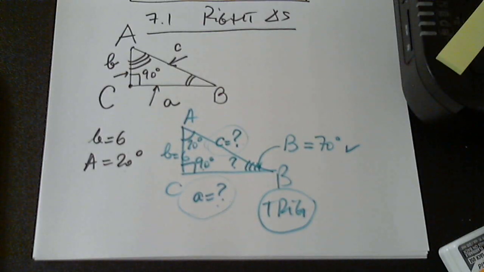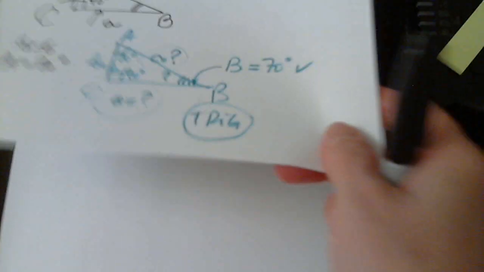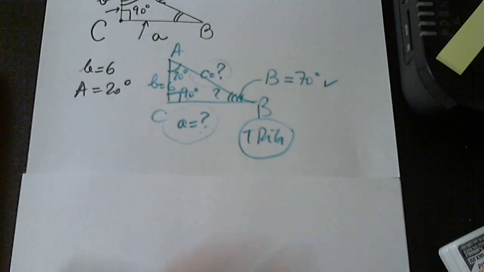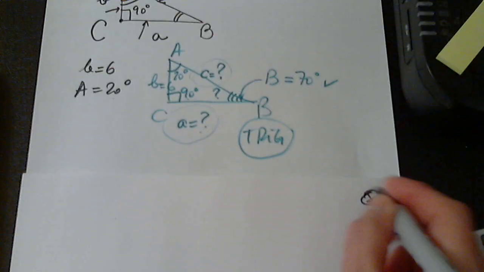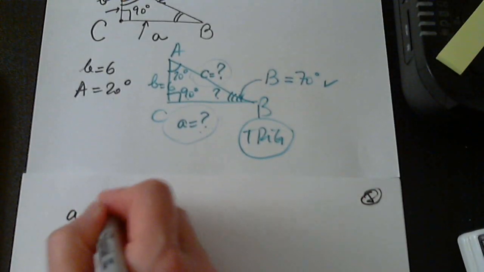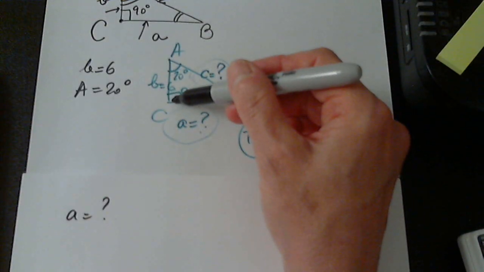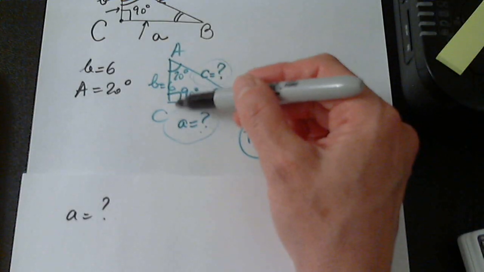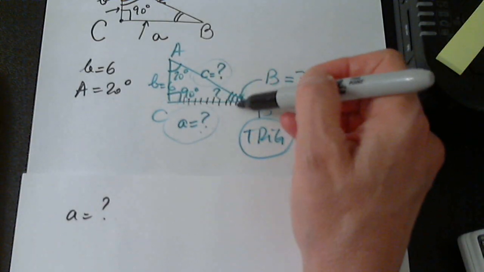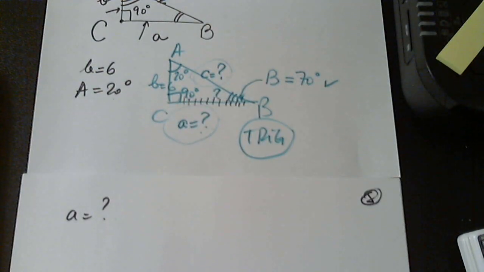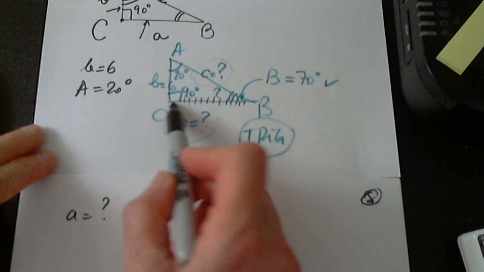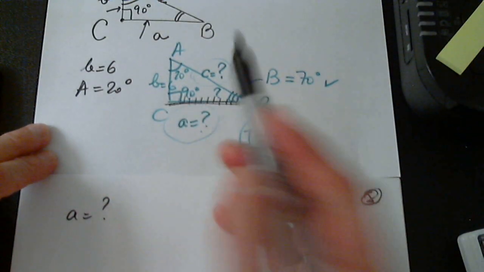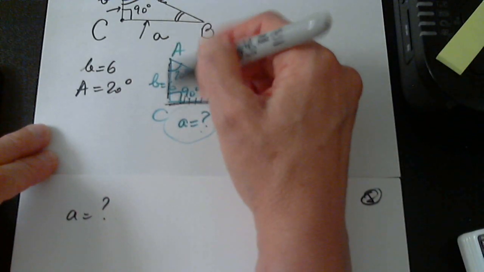It doesn't matter. A. Good. So we want to determine A. So we have to use a trig function that involves this and this, because we don't have C. Is there a trig function that we can use that involves this unknown as well as this piece?